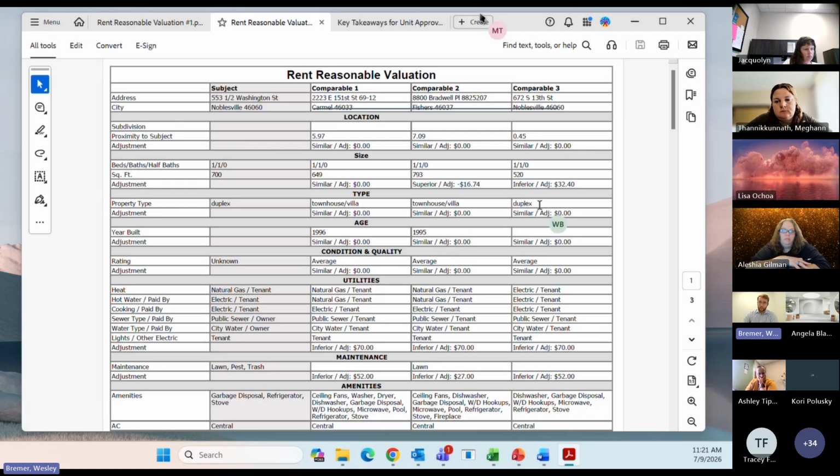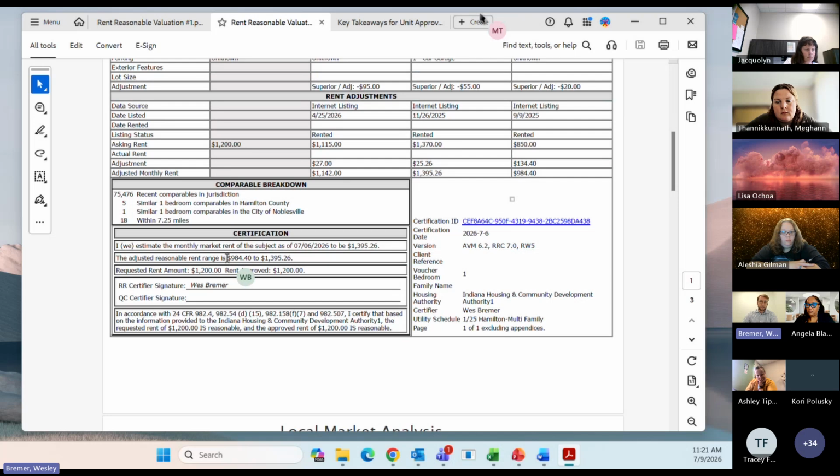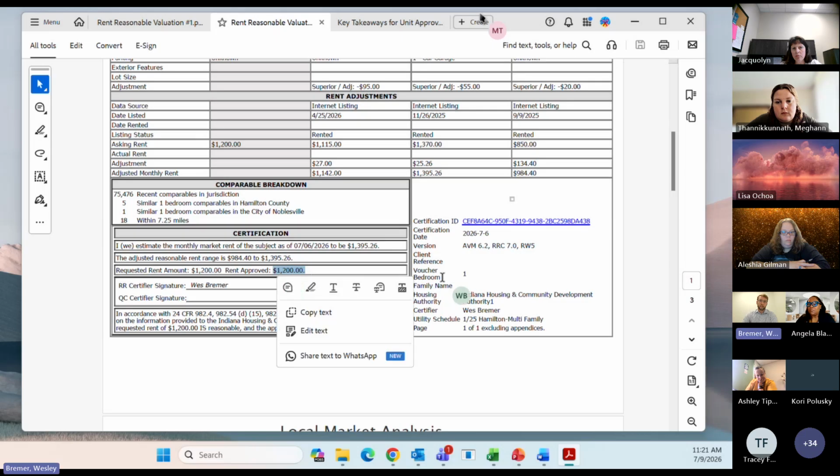One of them is a duplex and not a townhouse or villa, and the square footage is a little bit closer. And because I got better comparables, you can see that this is probably a more accurate rent reasonable range, $984 to just shy of $1,400. And the gross rent for this unit is square in the middle of the range.